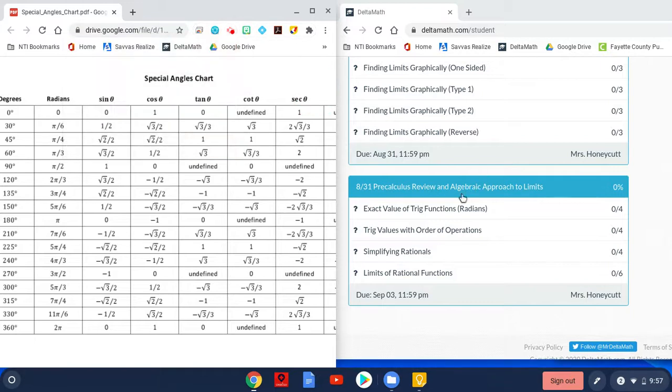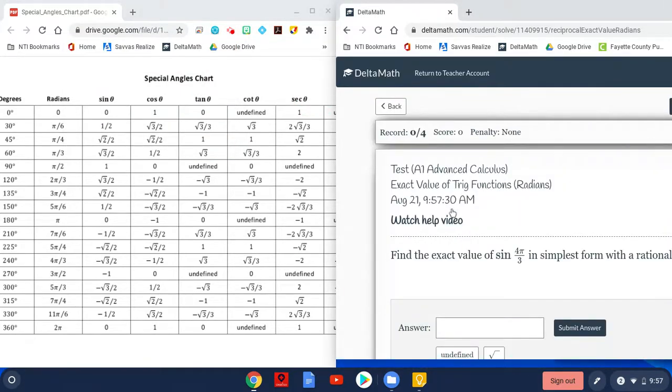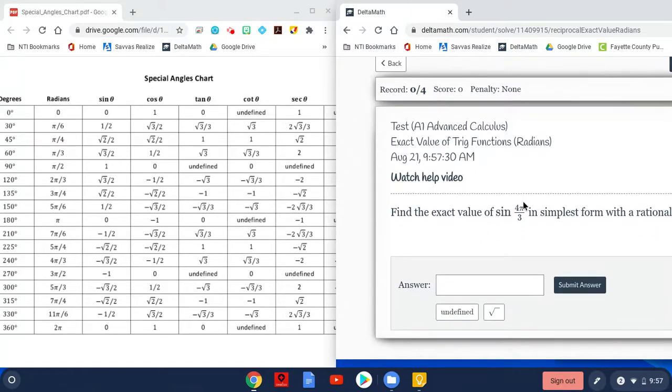Okay, so let's click in this first section, and I can show you what I'm talking about. You'll have 4 questions. You need to get 4 questions correct, where you find the exact value of sine of 4 pi over 3. So let me get my little laser pointer over here. I need to find the sine of 4 pi over 3. I look at the column that says sine. 4 pi over 3 is right here, and I want to see where sine of 4 pi over 3 is.